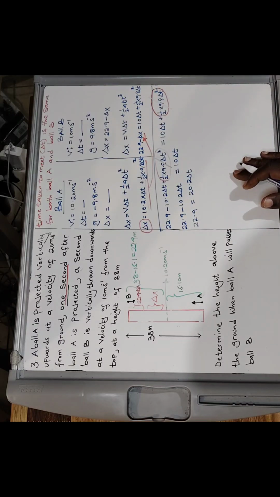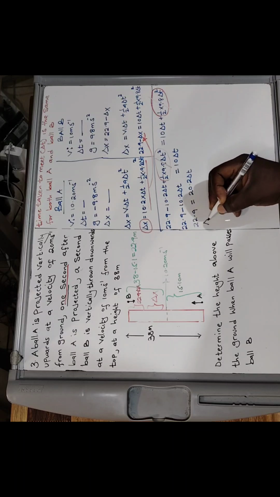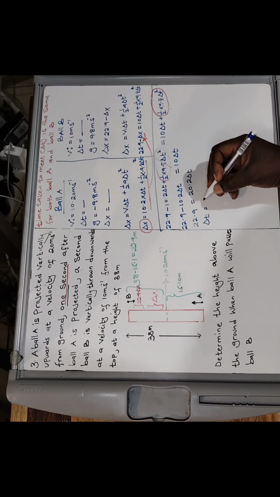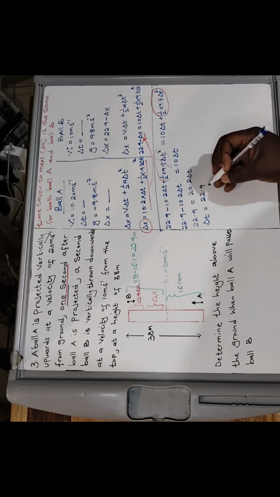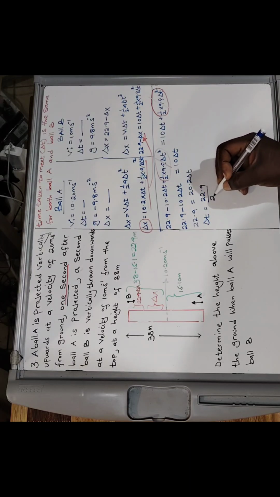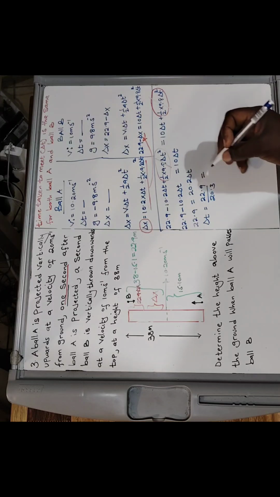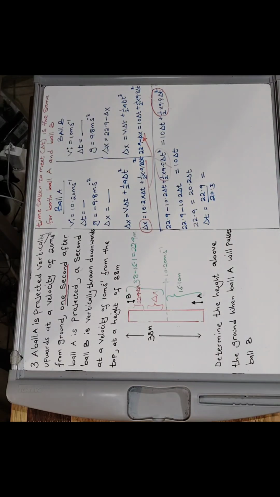Okay, and from here we have delta t, which is equal to 22.9 over 20.2. What do we get out of that? Let us see what we get. Yeah, that's what we get. 1.134 seconds.